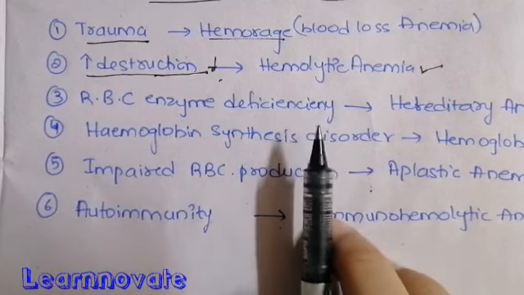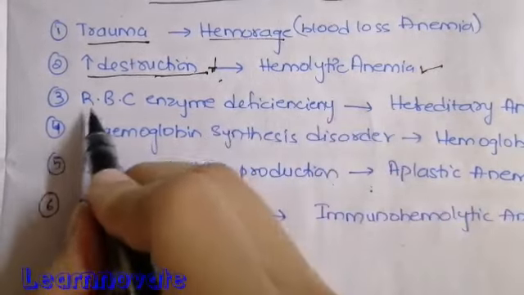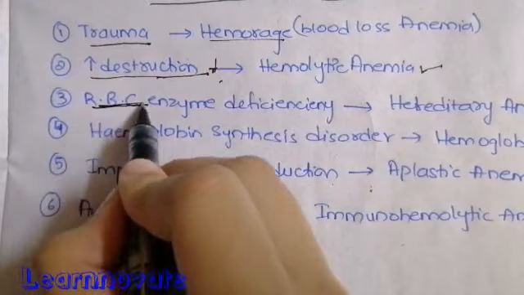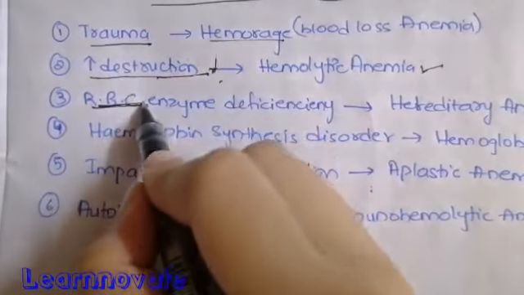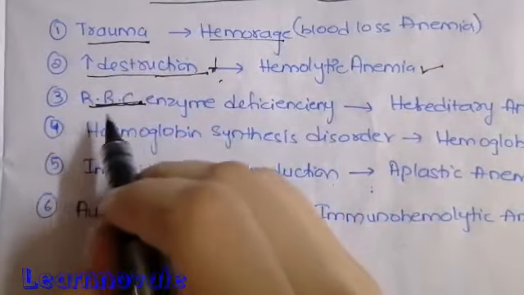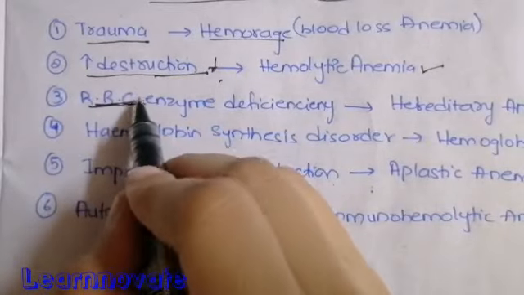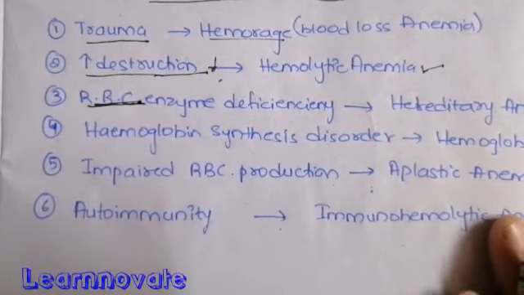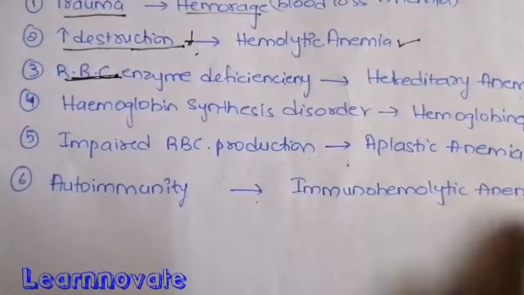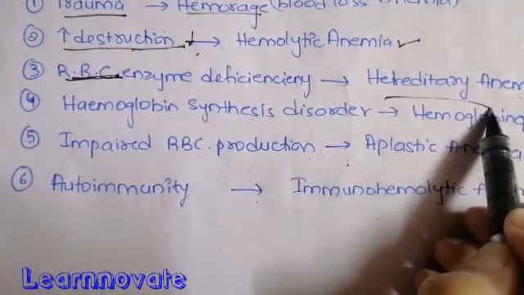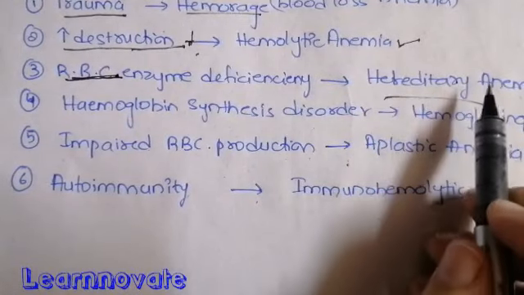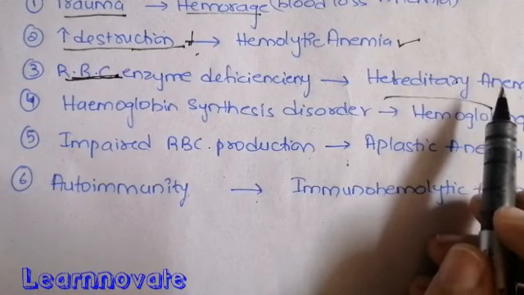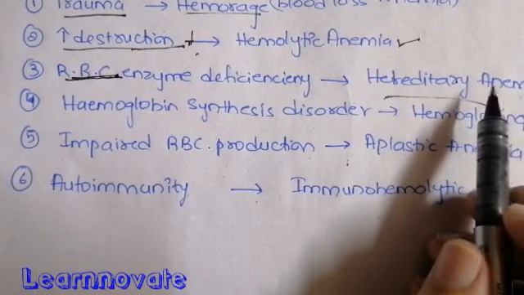Any deficiency in the formation of either the globin chain or the heme part, or the deficiency of the enzyme that is important for formation of normal RBCs, causes destruction, and there will be formation of an anemia. This is called hereditary anemias. Mostly these hereditary anemias are glucose 6-phosphate dehydrogenase anemia or pyruvate kinase anemias.